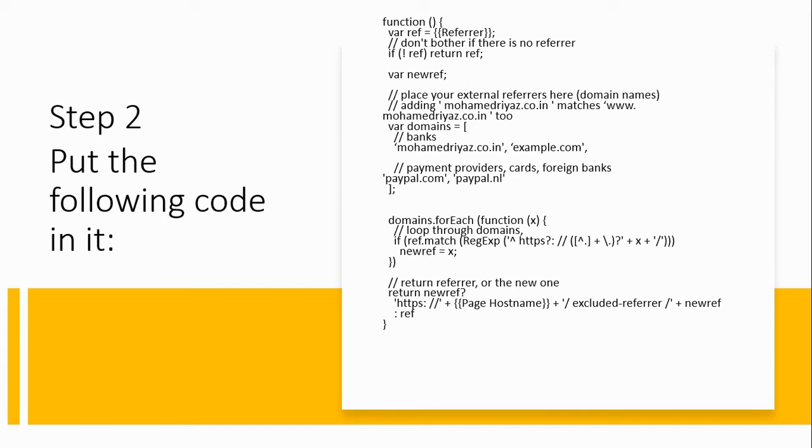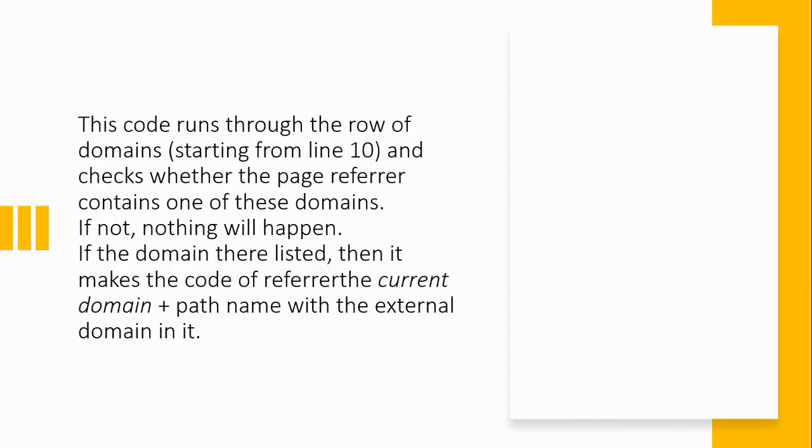I will paste this in my video description so you can copy it from there. This code runs through the row of domains starting from line 10 and checks whether the page referrer contains one of these domains. If not, nothing will happen. If the domain is listed, then it makes the referrer the current domain plus path name, with the external domain in it.